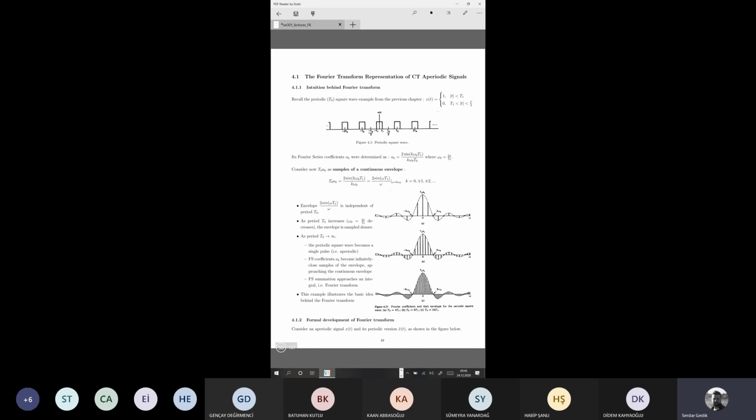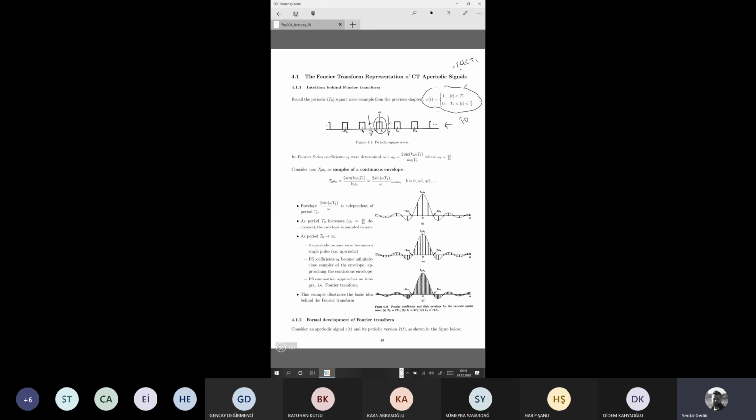Assume that I have a signal x of t, a periodic waveform, and in a single period it is defined as follows: if t is between minus t1 and t1, it is 1, and it is 0 otherwise within a period. So t0 is the period. Within a period, I have this rectangular pulse here.